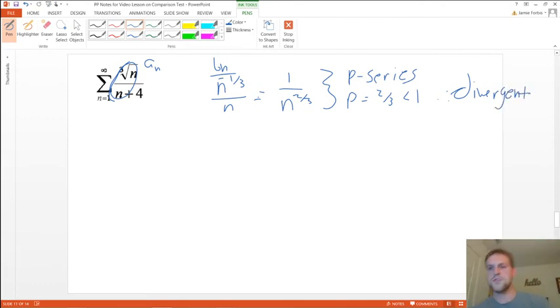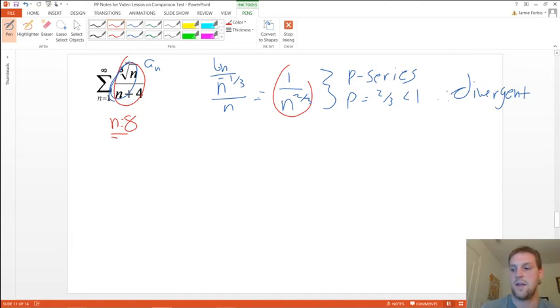Okay, so if you were to compare these two together, it was a little bit harder for me to see as well. So again, I chose another example. I actually chose n equals 8, and I tried to do it without a calculator. So if I test n equals 8, you get 2 over 12 in comparison to 1 over 4, and it works out that way.